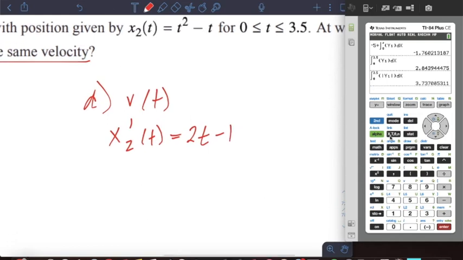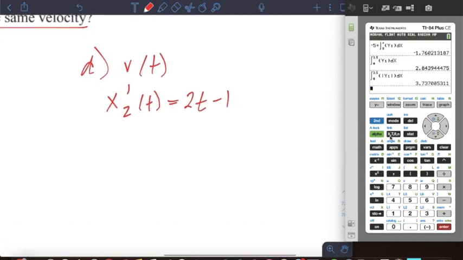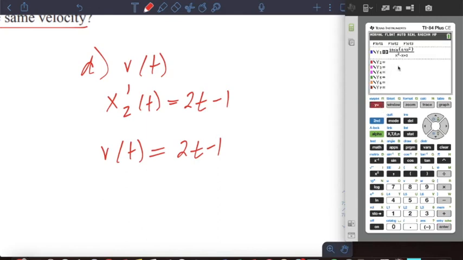If I want to know when they're moving with the same velocity, then I'm going to set the velocity from the original problem equal to this 2t minus 1. So on my calculator, I'm going to type in 2t minus 1 into y2, and I'm going to figure out where these two equal each other.